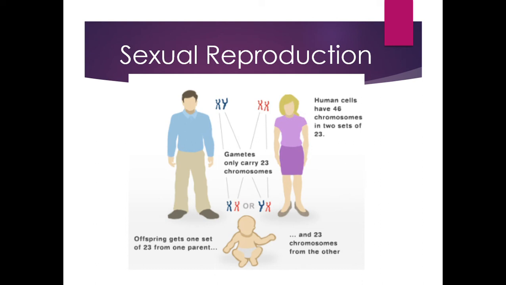Then when they get together, they have a total of 46 chromosomes. Gametes only carry 23 chromosomes. That is correct. And those particular letters that you have right there are the combination of letters that you need in order to get a certain gender.